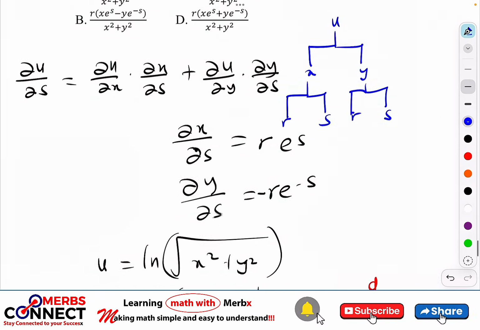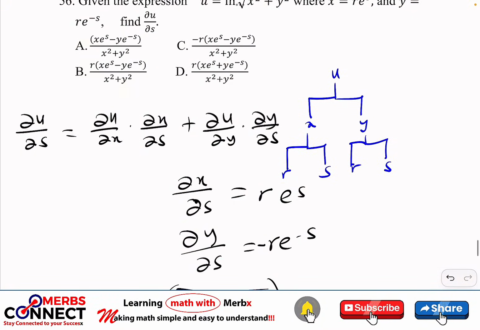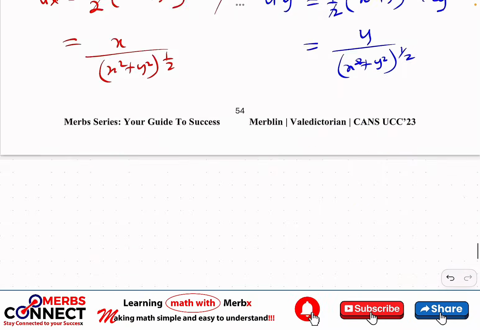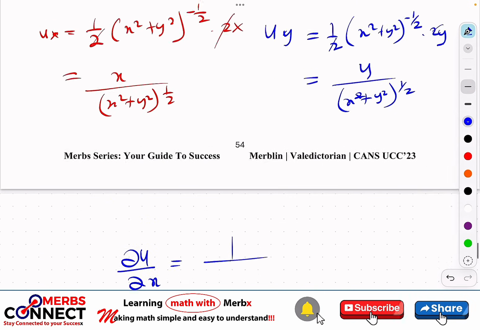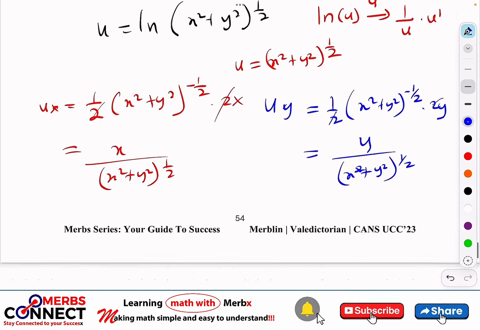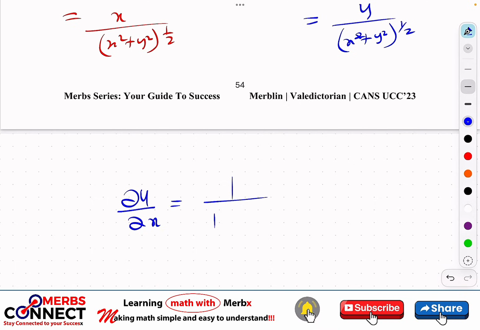So let me try and look for this. So partial of u with respect to s is going to be 1 divided by, what is u? u is (x squared plus y squared) to the power 1 over 2, right?